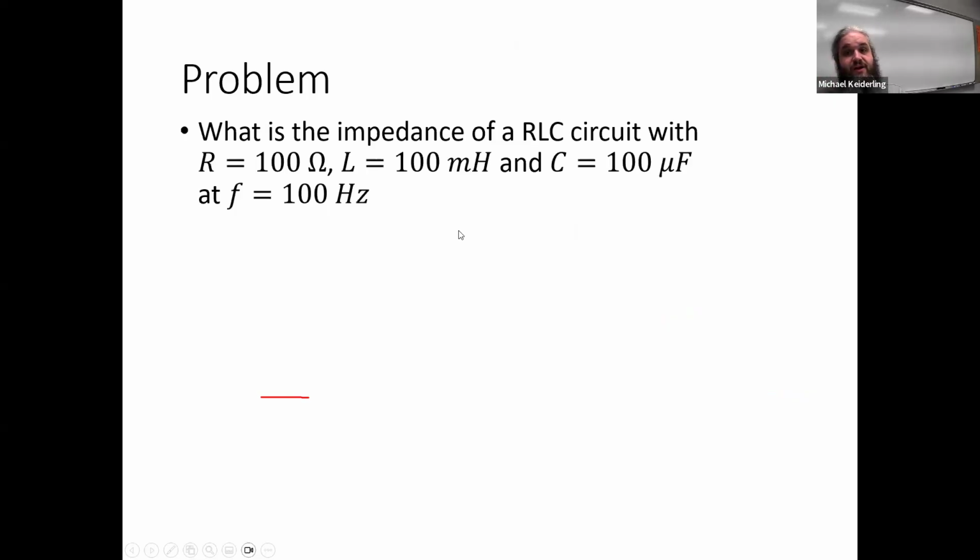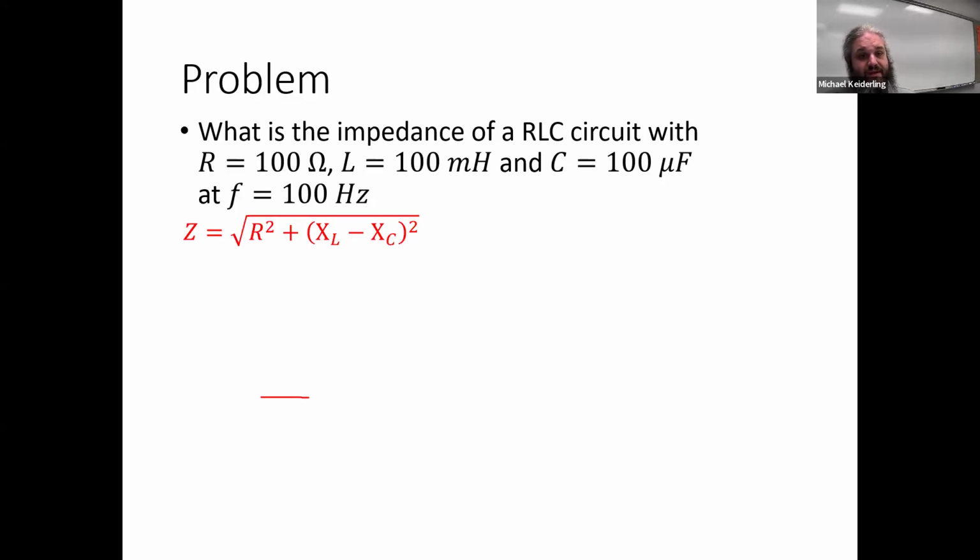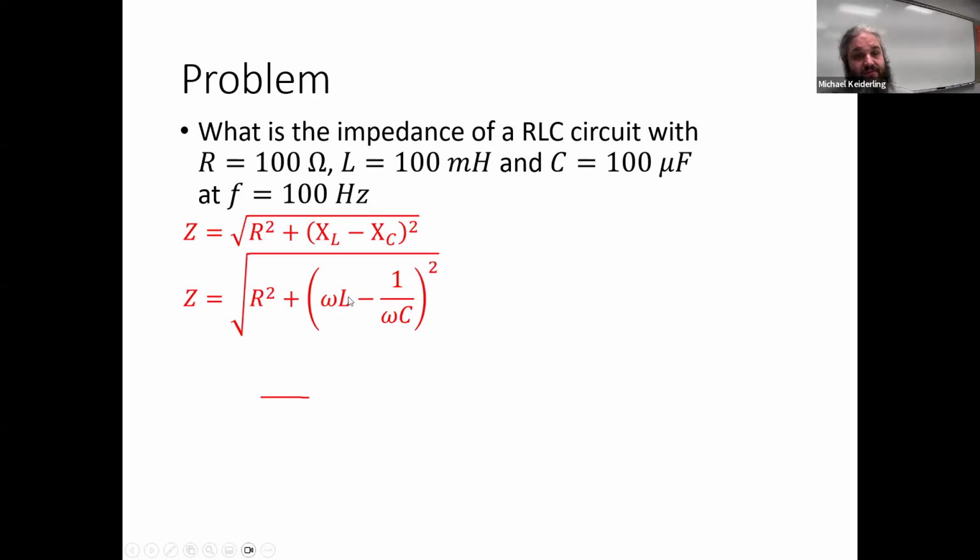So what is the impedance of an RLC circuit with a resistance of 100 ohms, an inductance of 100 millihenries, a capacitance of 100 microfarads, and a frequency of 100 hertz? Remember that Z is the square root of R squared plus XL minus XC quantity squared. So that's R squared plus omega L minus 1 over omega C, squared.